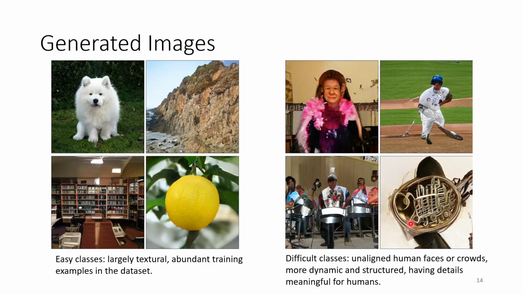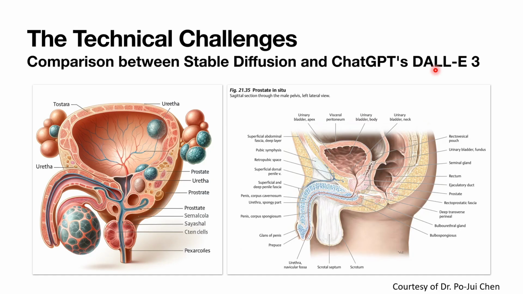Also here, our eyes are very sensitive to the human skeleton structure. So if there is something wrong, we easily notice, oh no, this is not the human body we are familiar with.